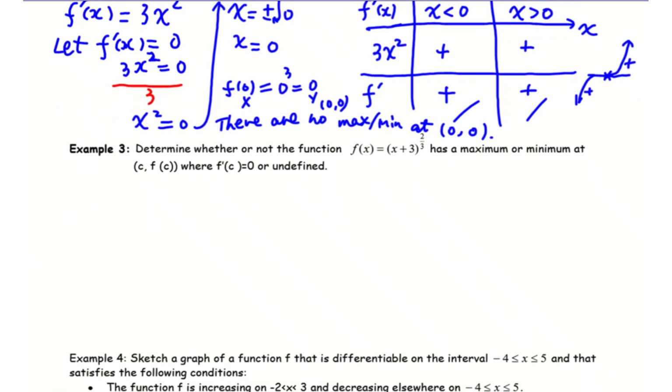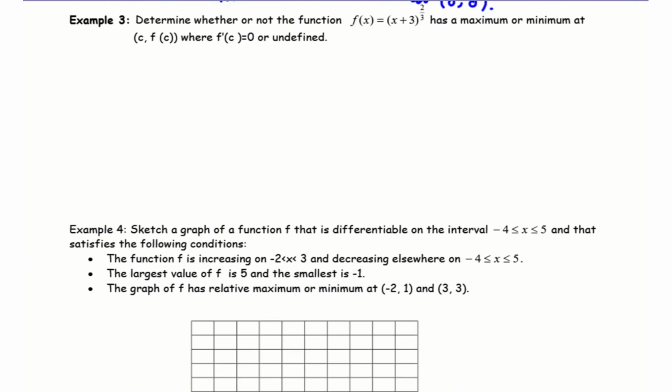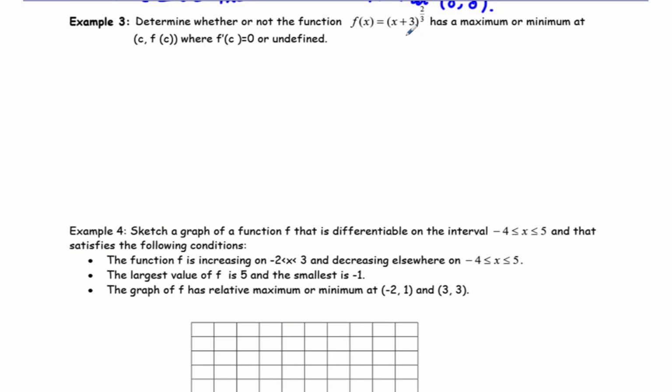Then we have a look at another question. This is a rational exponent, 2 over 3. It asks you the same thing at the critical point: do we have a maximum or minimum? For this one, to find f prime of x, we are going to use the chain rule.